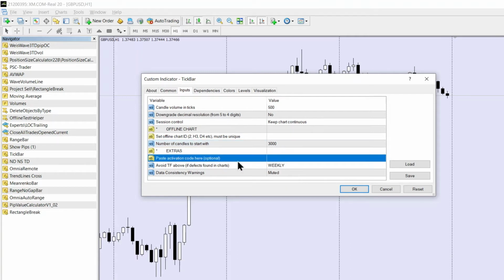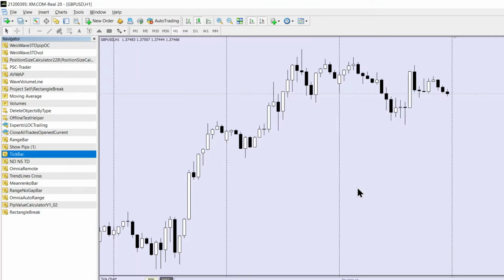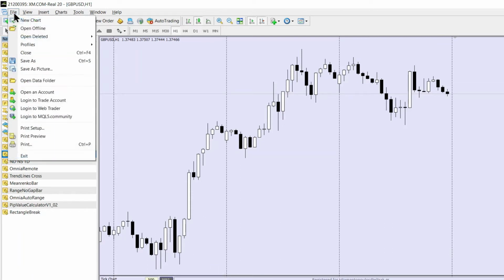And here we put your serial number. I'll press OK, and this is what we see. Down here we see tick chart, 500 ticks, and the M61.